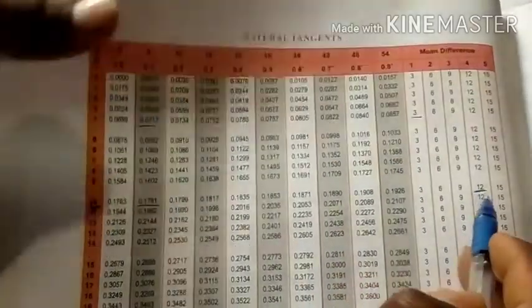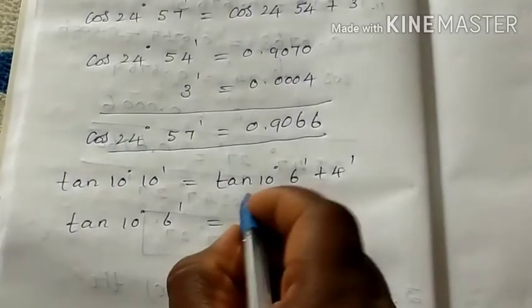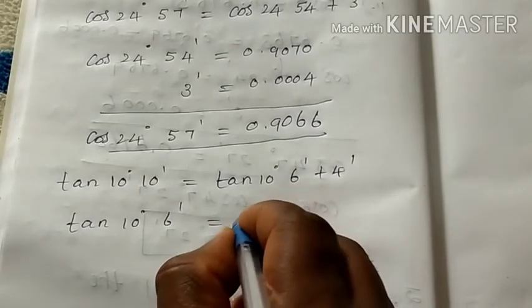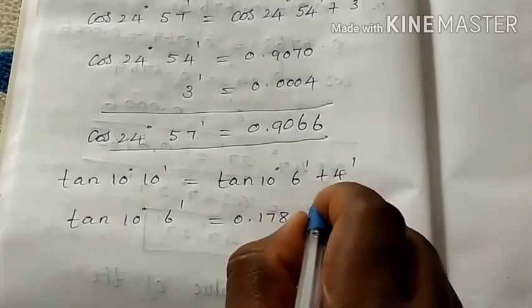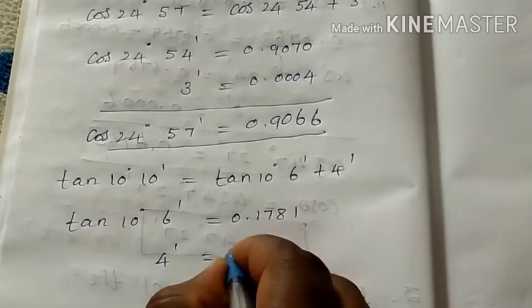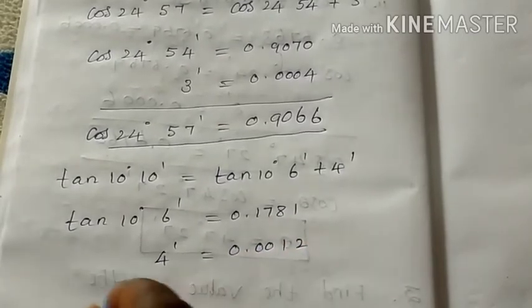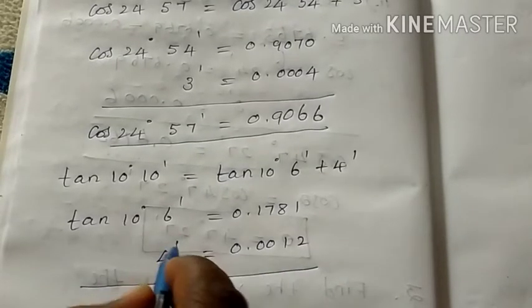From the table, the tan 10 degrees 6 minutes value is 0.1781. Then the mean difference for 4 minutes is 0.0012. Then, when it is a tan value, the mean difference is added.